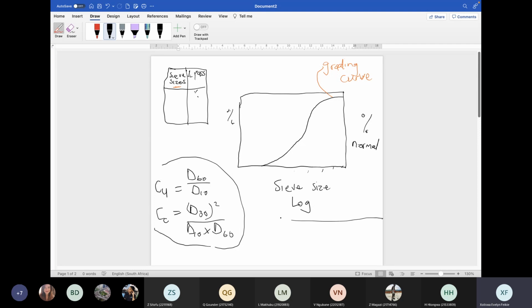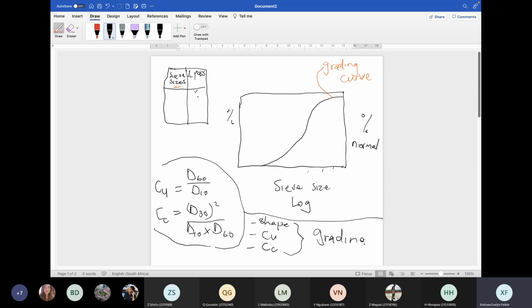In essence, in summary, what do you really use to grade your soil? You look at the shape of your curve and you look at the value of CU and CC. These three things will inform you about the grading of your soil.